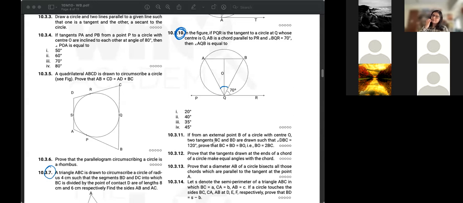Okay, Divya, one of the sides. Let me know the second side also. You also pretty much got it. Just send the other side also.